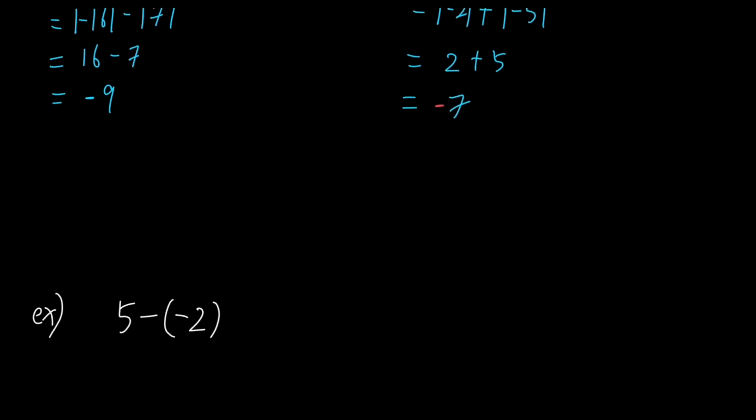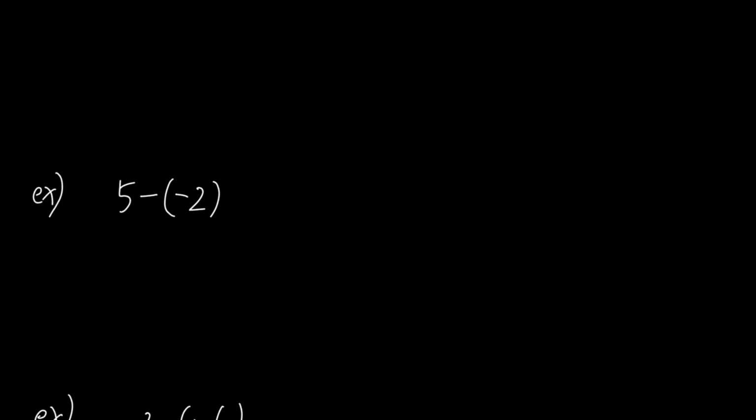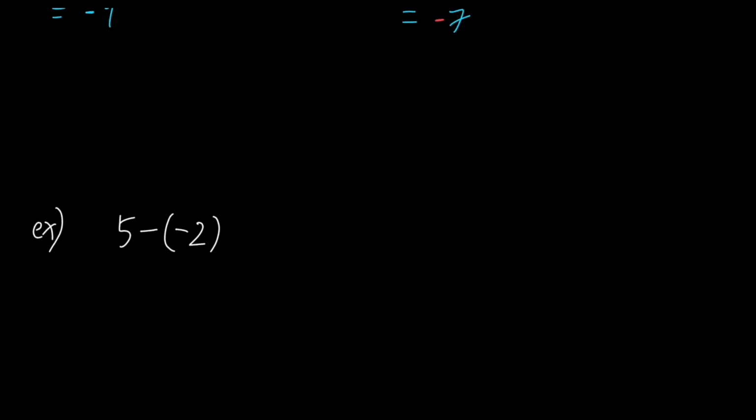Okay, let's see more examples. Here we have 5 minus negative 2. We learned how to subtract two positive numbers. Let's say a minus b, where they represent positive numbers, it will be a plus the additive inverse of positive b, which is negative b. But what about a minus a negative b?